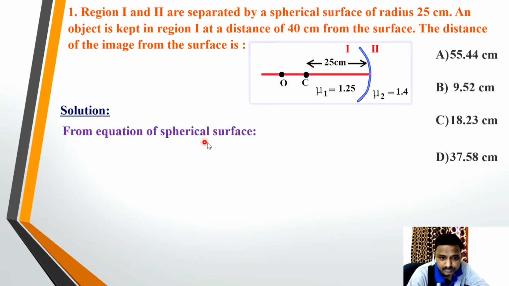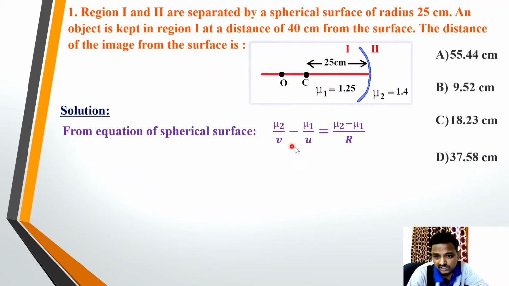From equation of spherical surface, we have mu2 by v minus mu1 by u is equal to mu2 minus mu1 by r, where mu2 means refractive index of second region, that is 1.4. mu1 means refractive index of first region, that is 1.25, and here u is 40 and r is 25 cm.